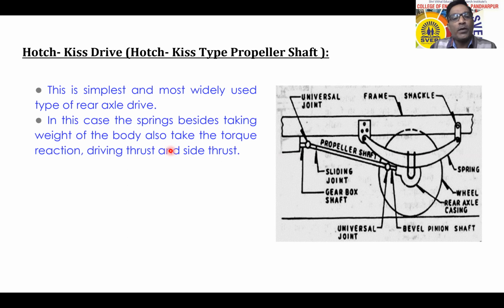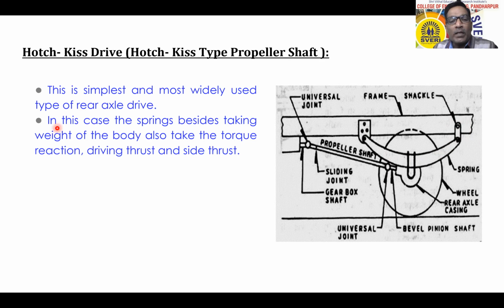So here you can see that this is the spring, that is the leaf spring, which is connected to the bracket, and here is a shackle which is compensating for the change in length. Whatever change in the length of this leaf spring, that is compensated by this shackle.